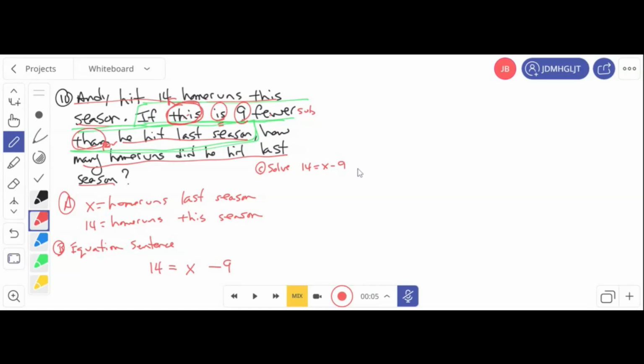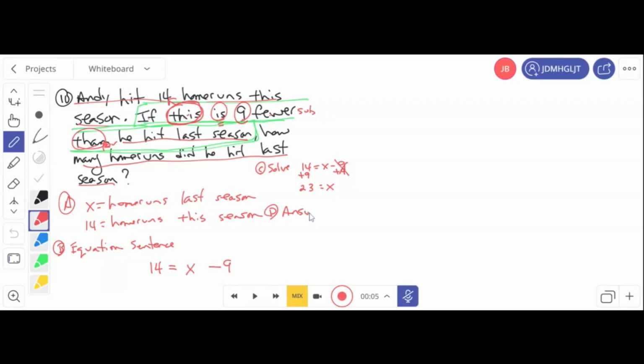No parentheses, no combining like terms. We don't have variables on both sides. Step 4, stop. Make sure there's only one variable term in the problem. There is. Step 5, undo addition or subtraction. So we undo the subtraction by adding 9, adding 9. The 9s add out. We're left with X. 14 plus 9 is 23.